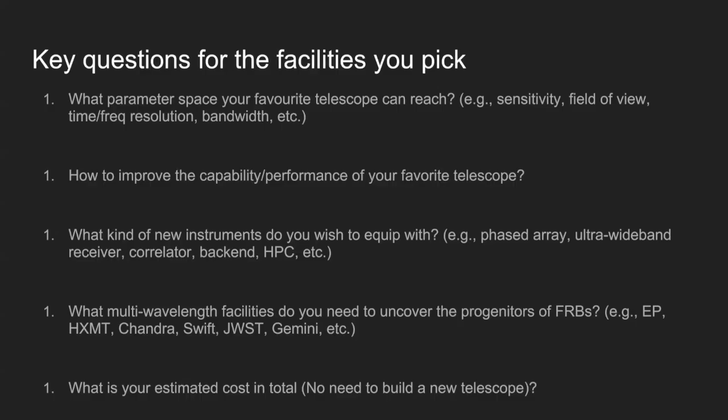GPU. The fourth question is that once you can do FRB survey or monitor, you do need multi-wavelength facility to follow up. That's essential for uncovering a progenitor of FRB. For example, this afternoon, Huisun has talked about an example, and for the SGR 1935, HXMT has observed the X-ray associated with the galactic FRB.